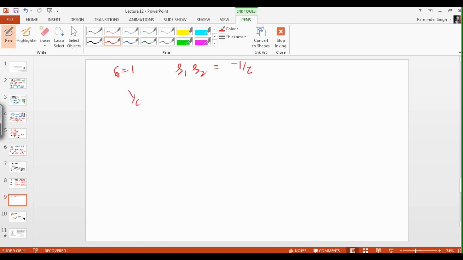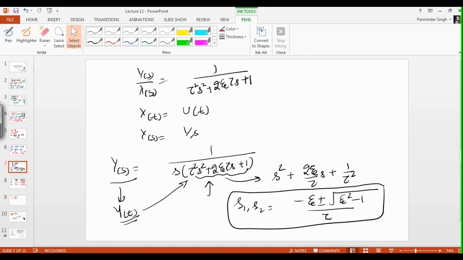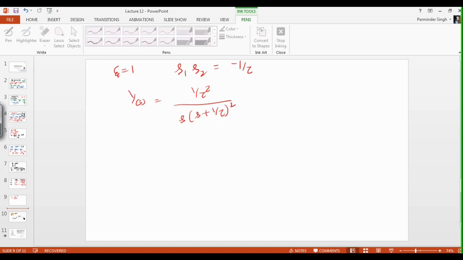So hence my Y(s) will come out to be 1 by tau square over s times s plus 1 by tau square. If zeta is 1, the denominator simply becomes tau square s square plus 2 tau s plus 1. So it's nothing but a quadratic, (tau s plus 1) squared.